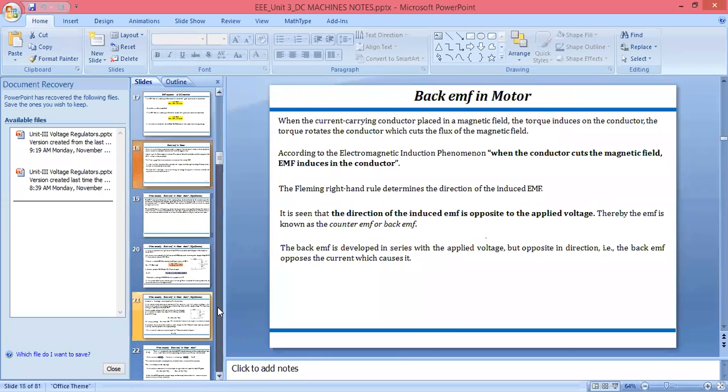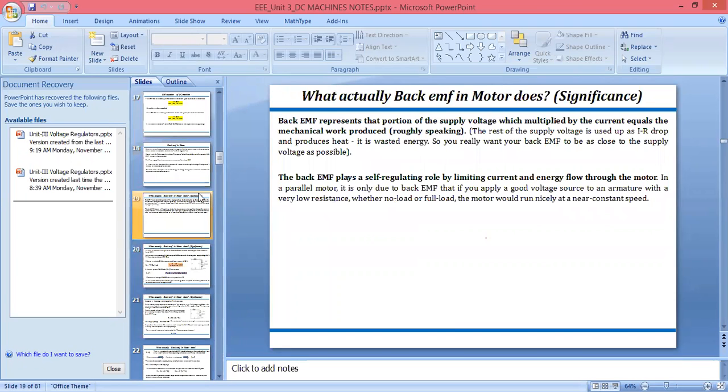So why actually is back EMF needed in the DC motor? Because back EMF represents the portion of supply voltage which, multiplied by the current, equals the mechanical work produced. The back EMF plays a self-regulating role by limiting the current and the energy flow through the circuit.